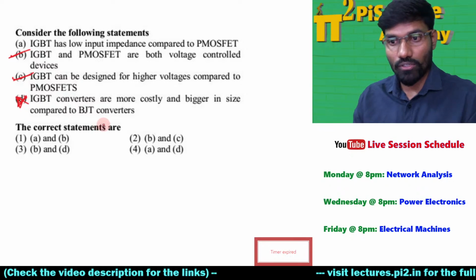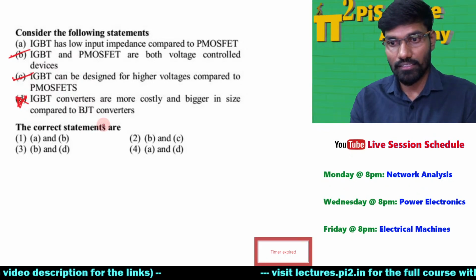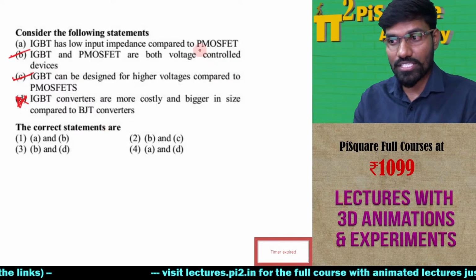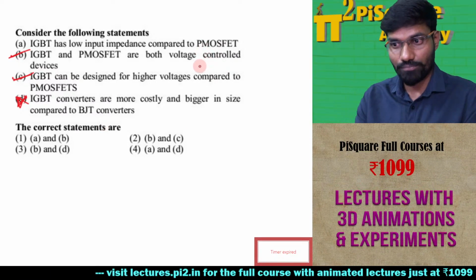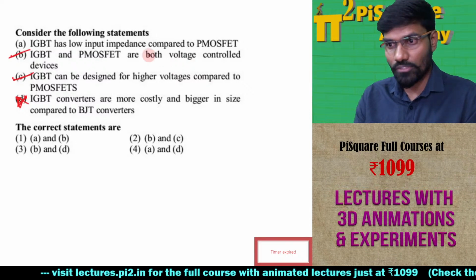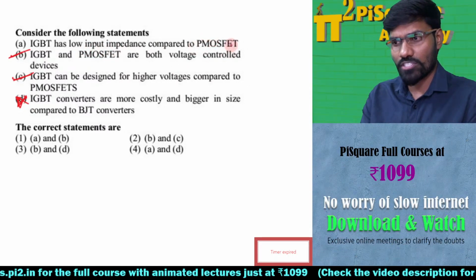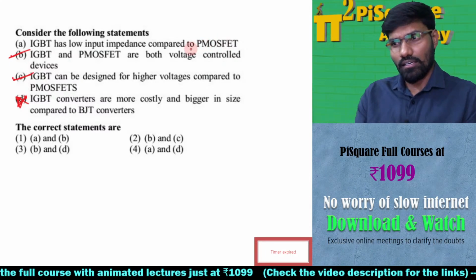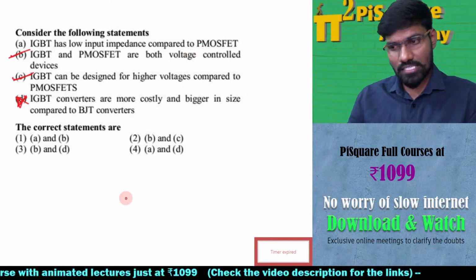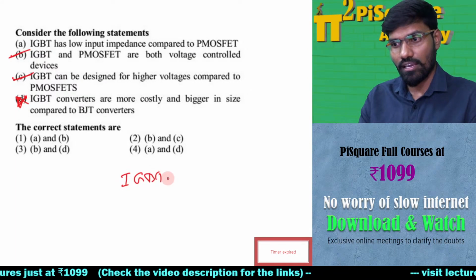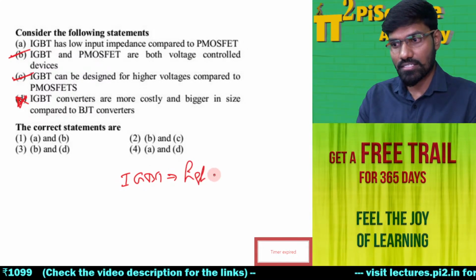Now coming to Rahul. Rahul is saying yes, the highest operating frequency is MOSFET. And coming to Rahul's statement, IGBT has low input impedance compared to P MOSFET. As far as my point is concerned, IGBT definitely has high input impedance.